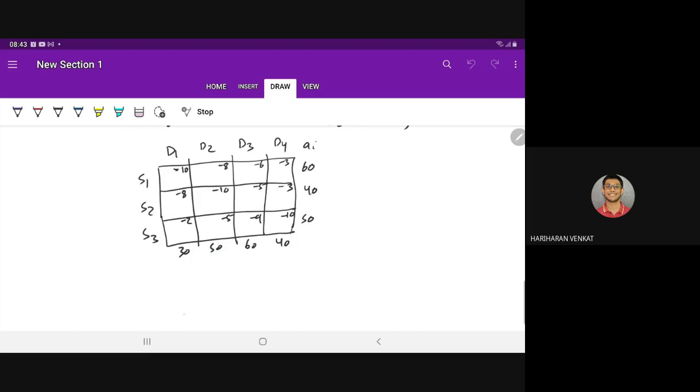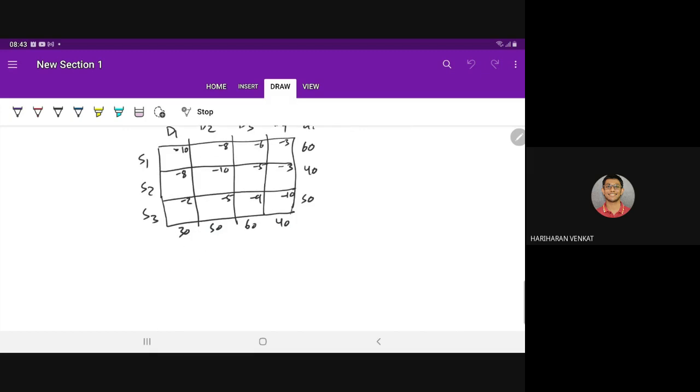So to make the balance, first what we have to add? So here we have the dummy aircraft, right?